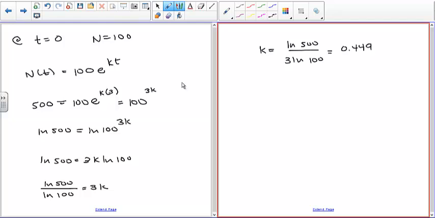So I'm going to round it off to 0.449. Now we can go back and further define the function as 100e to the 0.449t.